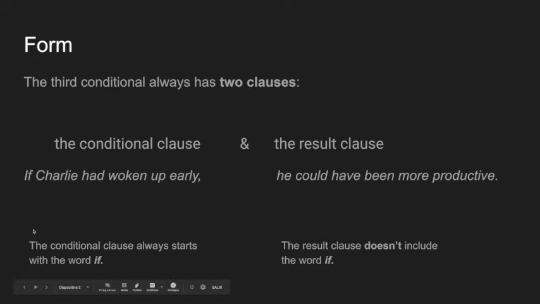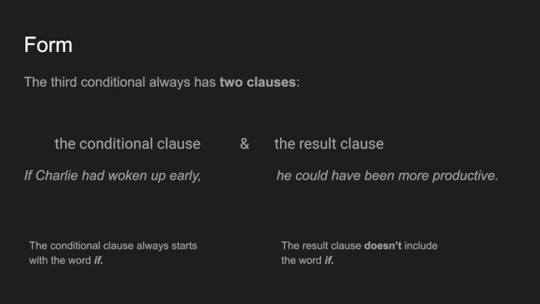And here below, we have some notes about each clause. The first one, it says the conditional clause always starts with the word if. So whenever you see the word if, that means that the clause that is after the if is always going to be the conditional clause. That is how we're going to identify the conditional clause when we start with the word if.